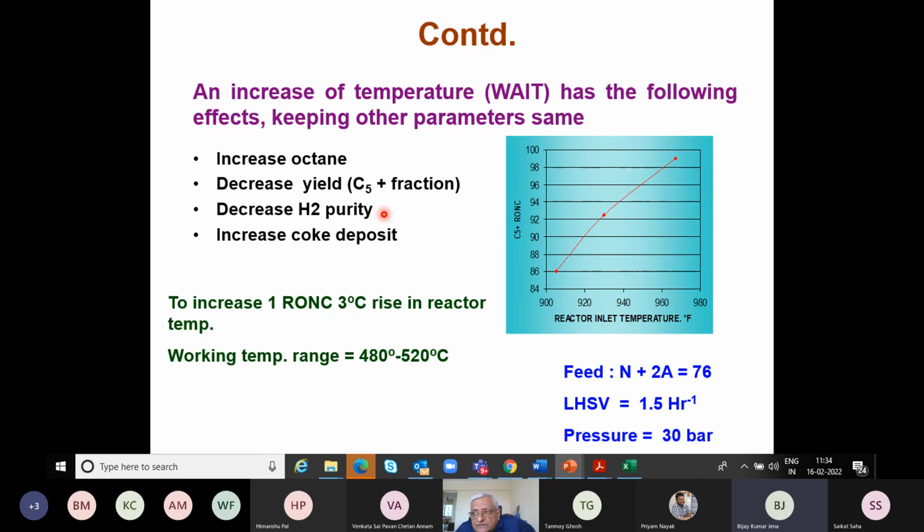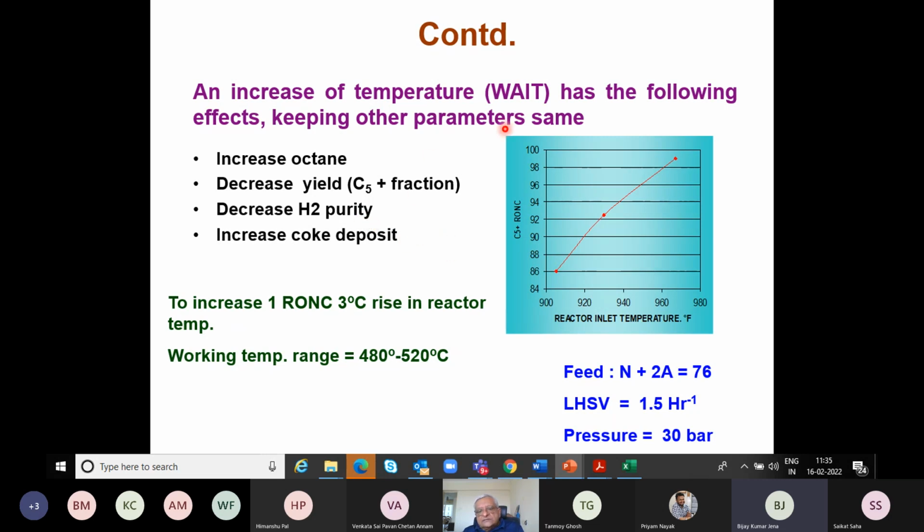So when the fuel specifications started to kick in, both for gasoline and diesel, the refineries in India started putting up hydrogen plants. So we actually had an on-purpose hydrogen unit starting in the refinery. But otherwise, the hydrogen is a byproduct from this unit, and the purity of hydrogen therefore becomes important.